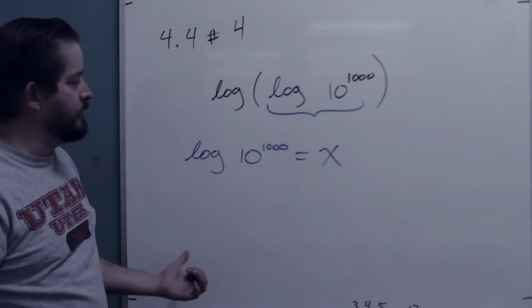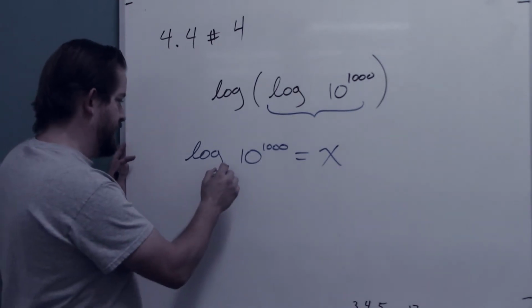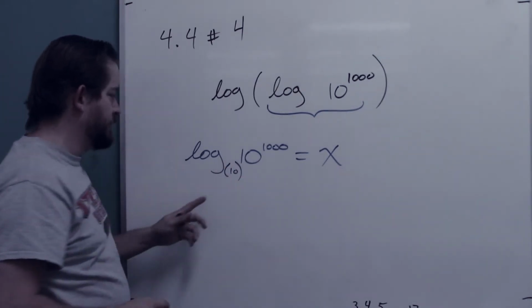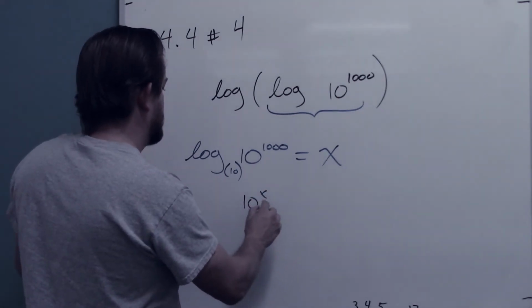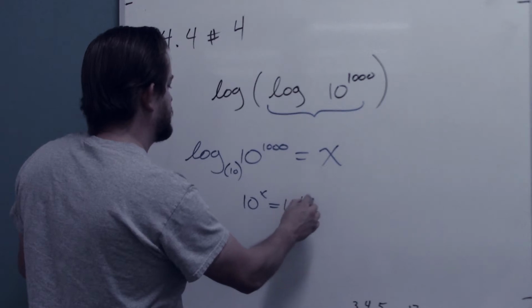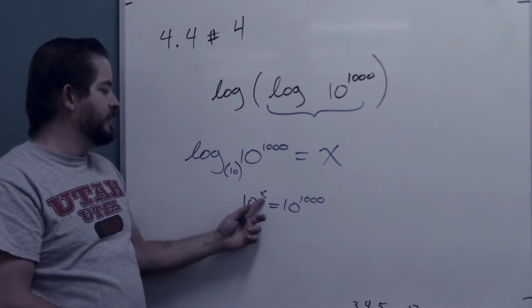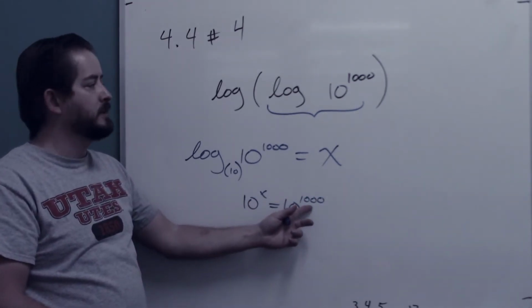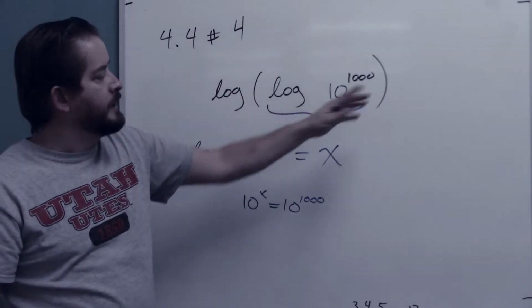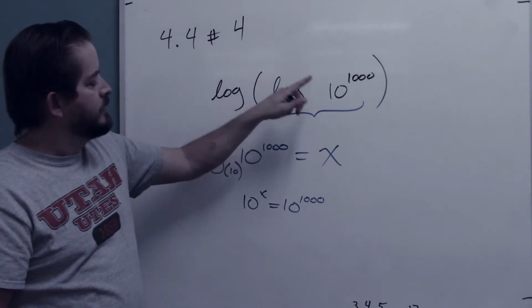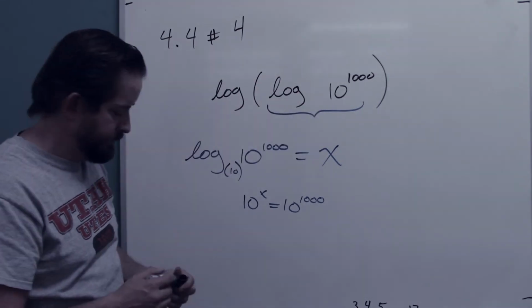It's going to be some value. My base here is 10. There's a whole lot of 10s in this problem. My base is 10, so I have 10 raised to the x is equal to 10 to the 1,000. So similar to that last problem, obviously x has to be 1,000. x is what I've called this entire expression. So this whole thing turns into the log of 1,000.